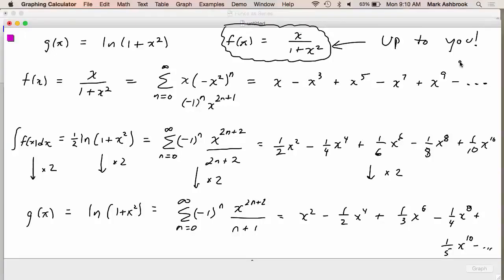What you're going to need so that either derivative or antiderivative will get you what you want. Last chance for questions on this one.